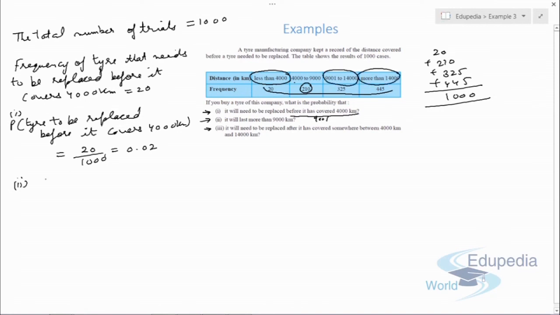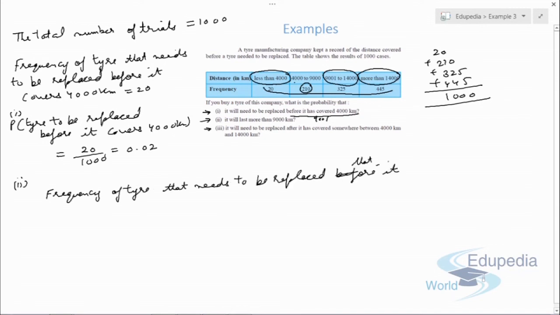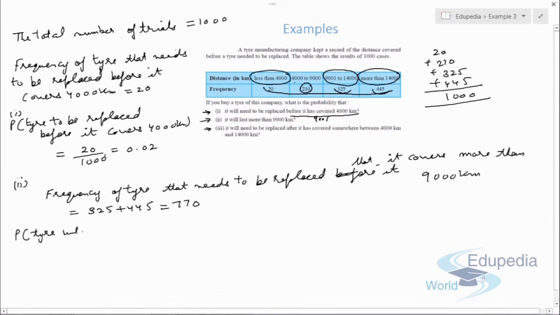We can write the frequency of tires that cover more than 9000 kilometers. We need to add 325 and 445, and when you add this, it will come out to be 770. Now the probability that the tire will last more than 9000 kilometers is 770 upon 1000. So it will come out to be 0.77. So this is how we can solve the second question.